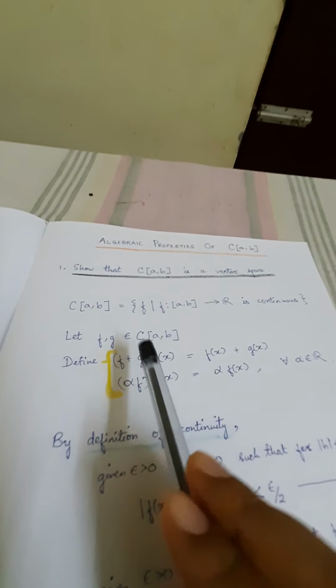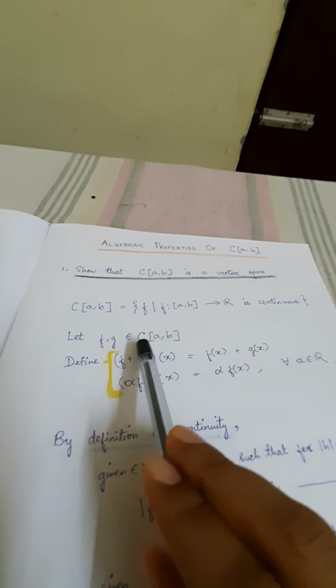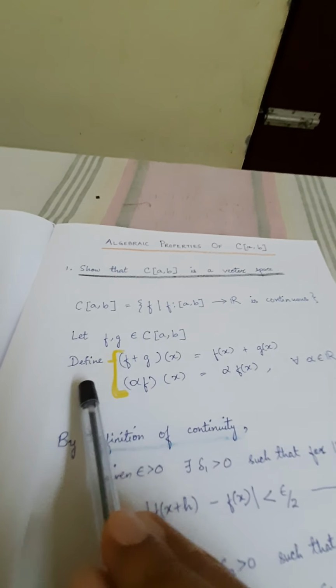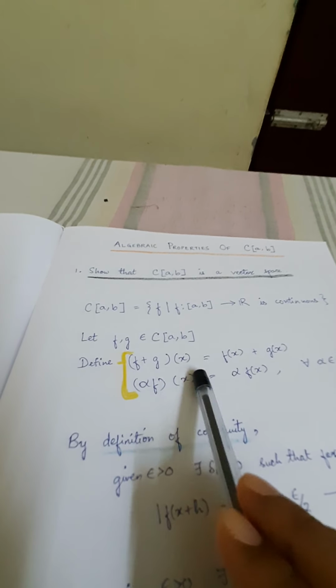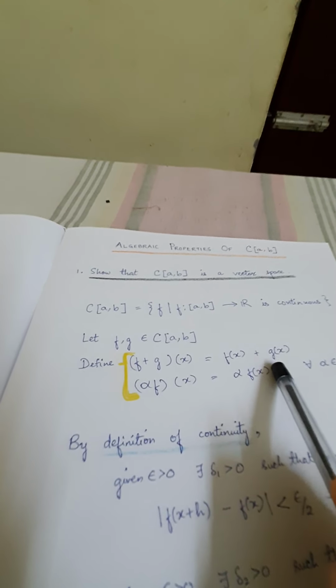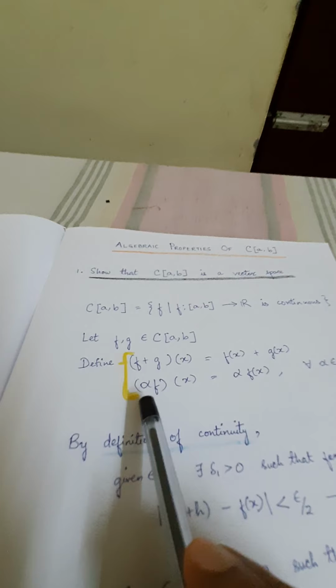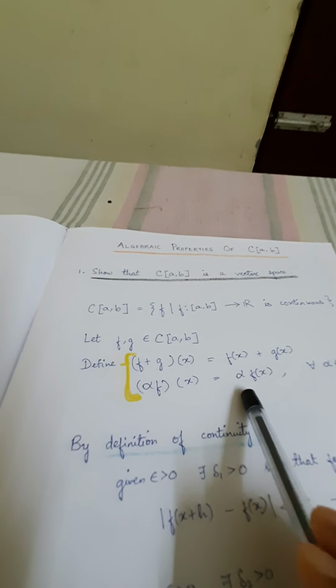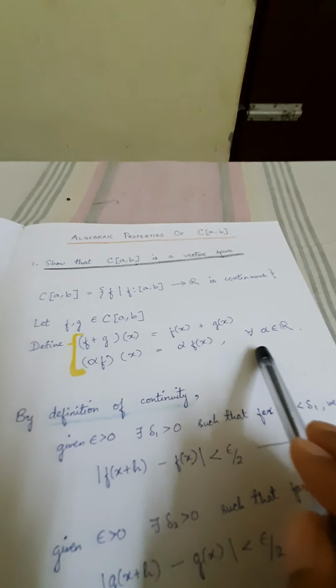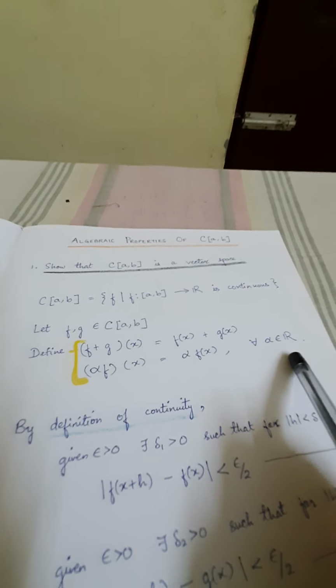Suppose we are given two continuous functions f, g in C[a,b]. Define (f plus g)(x) is equal to f(x) plus g(x), and (alpha f)(x) is alpha f(x) for all alpha in real numbers.